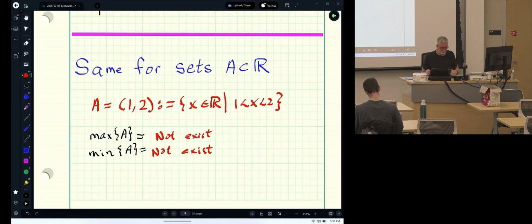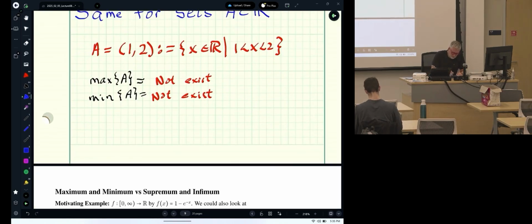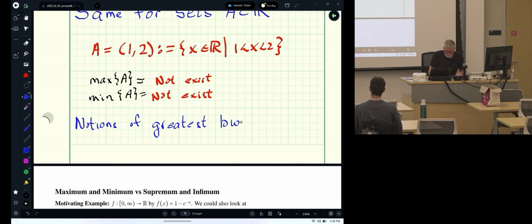does not exist. And so what mathematicians have done is they've added notions of greatest lower bound and least upper bound.